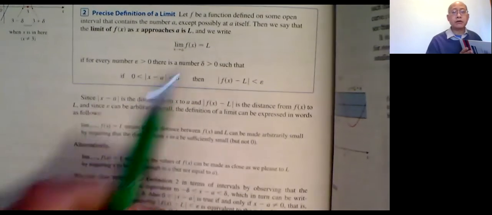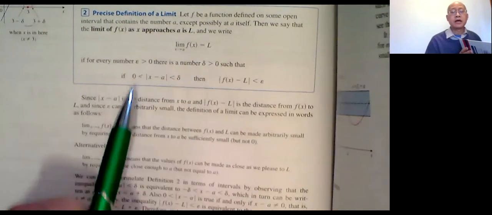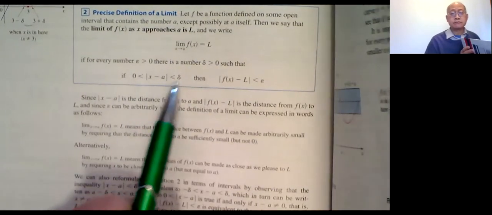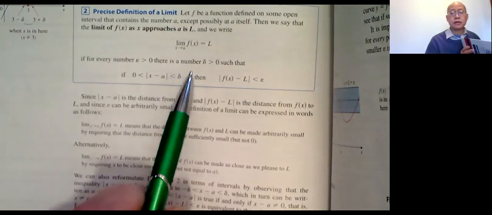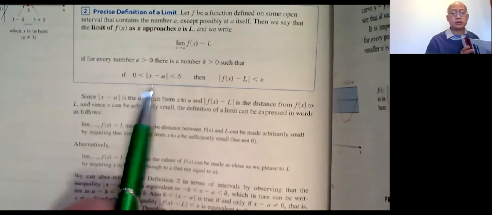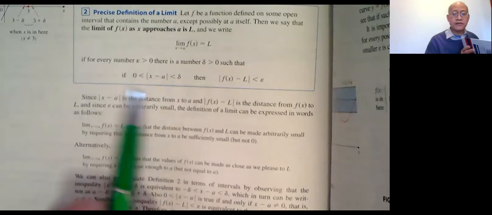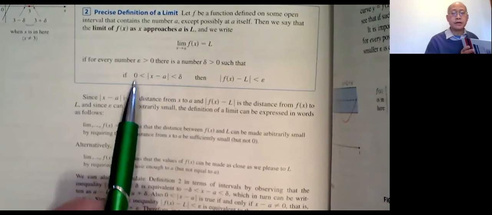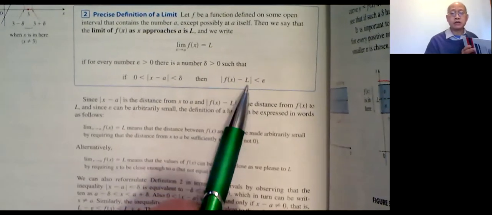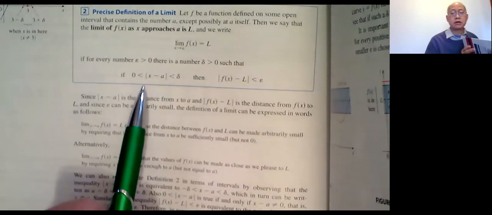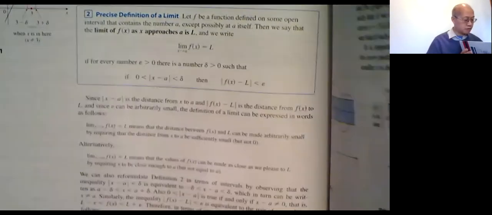That is how close I want to be to the limit. Then I can find a delta. I can find a corresponding close value, okay, a delta, so that whenever this is true, so this is a definition of x is close to a, except x is not equal to a, then y, or f of x, is close to L. So this can be thought of as x close to a, y close to L.